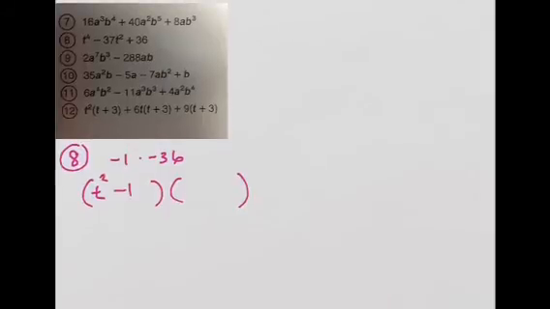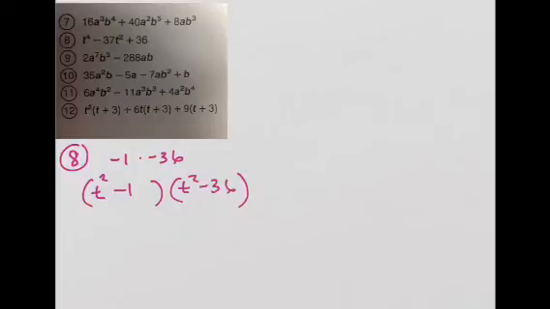Number 8, notice how I've got a 4th power and I've got a squared right there. So I could treat this as a quadratic. So factors of 36 that add up to 37 are negative 1 and negative 36. Those add up to negative 37. So then when you factor, you take the square root of t to the fourth, it's t squared minus 1, and then t squared minus 36.